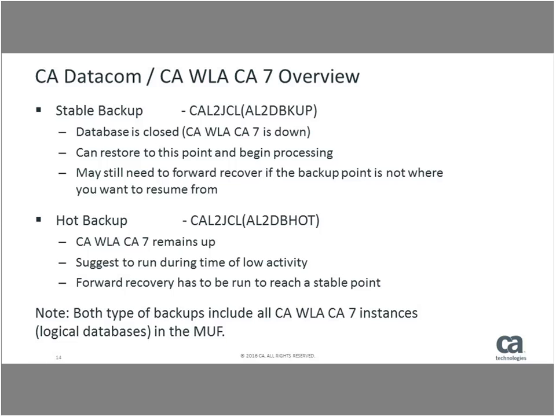In essence, I think that is why we're finding some clients are shying away from having multiple databases in the same MUF, because if you've got to recover CA71, that also means you're populating your CA72. So if you have, let's say, a production and a test, and all you want to do is forward recovery test, you will also forward recovery your production. That's something you might want to keep in mind when you're trying to do multiple databases in one MUF.